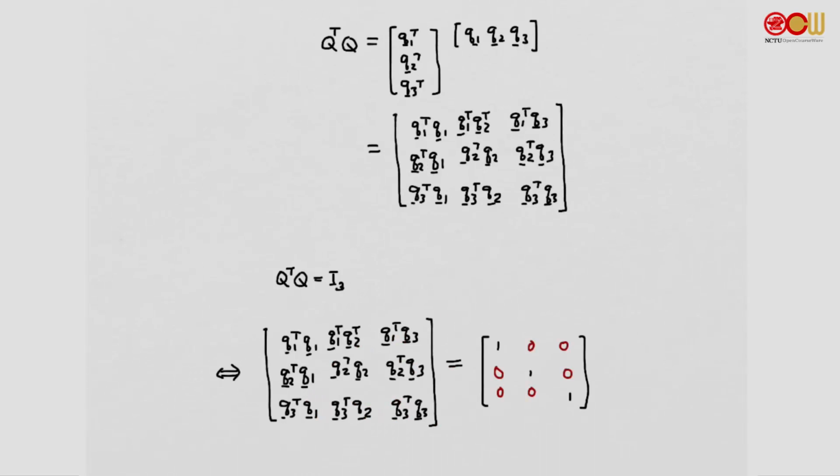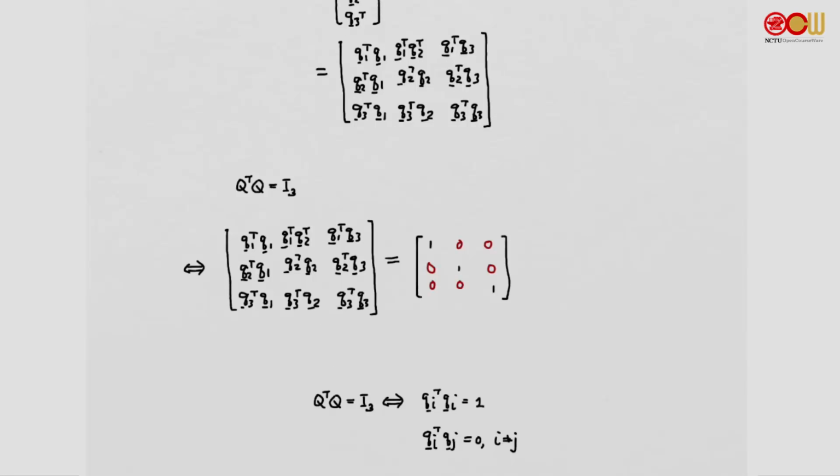Now Q transpose Q equal to the identity matrix is the same as this matrix equal to the identity matrix. This in particular means that all these Q vectors are unit vectors, and also the dot product between every 2 column vectors is 0, so they are orthogonal.